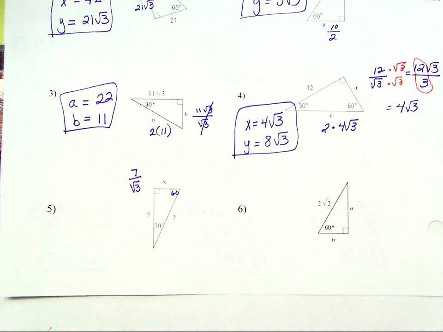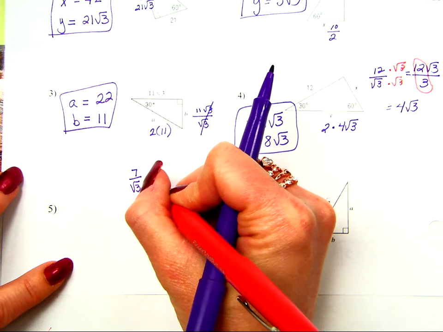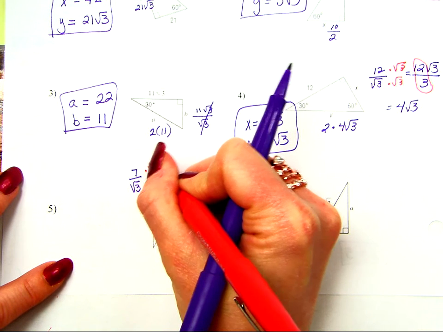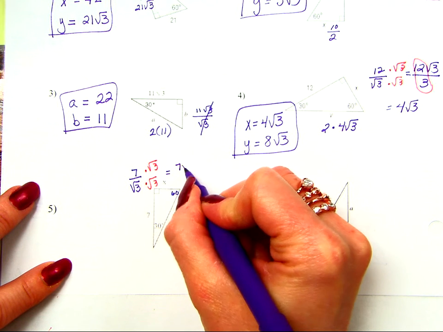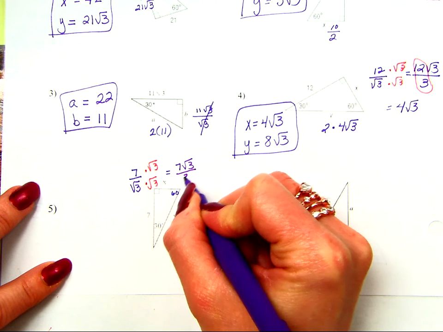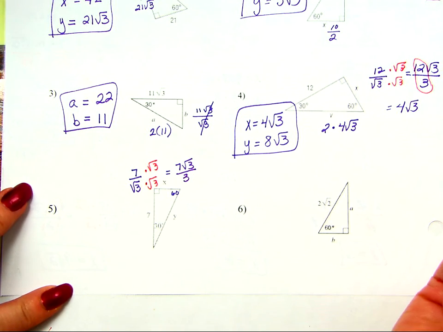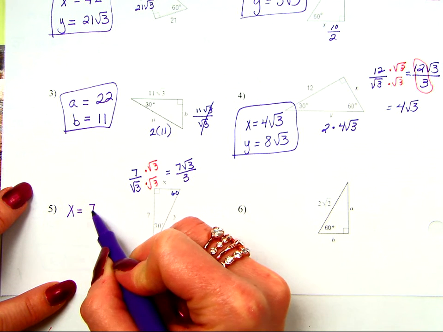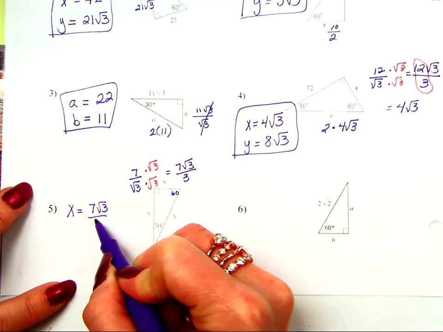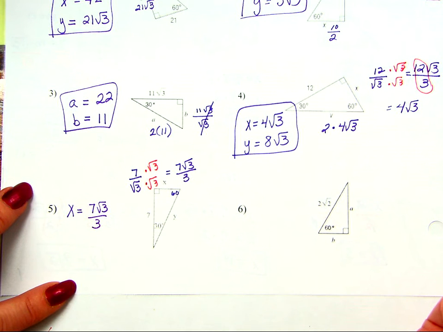But again, I know I can't leave my answer like that. I need to rationalize that denominator. In this case, I end up with 7 root 3 all over 3. And I can't reduce or simplify, and so that's just going to be my value for x. Even though it's a little bit ugly, that's how we're going to leave it.